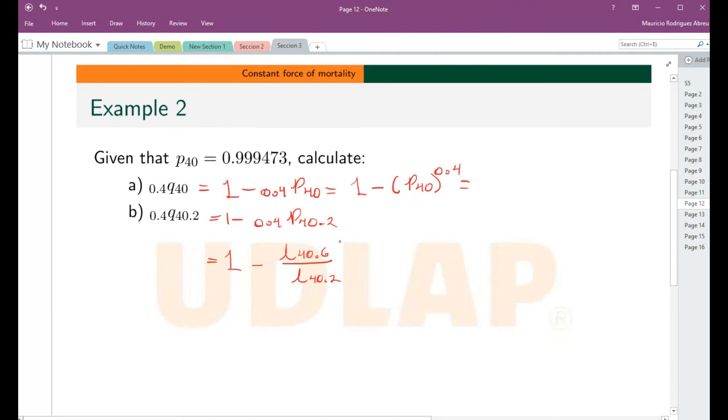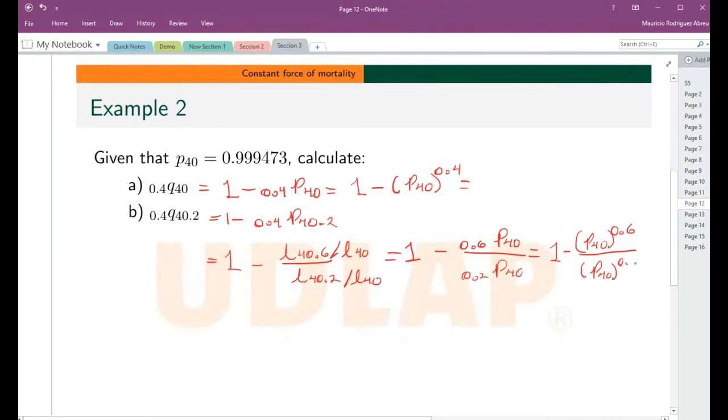And from here, again, just multiplying and dividing by L40, this changed into 0.6 P40 and 0.2 P40. And now we can use our constant force of mortality assumption with P40 0.6 divided by P40 0.2.